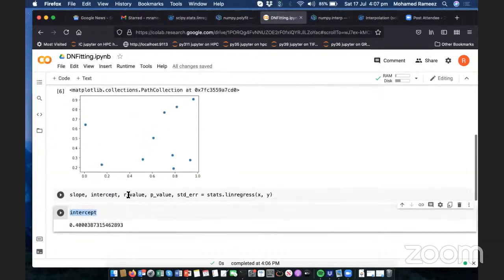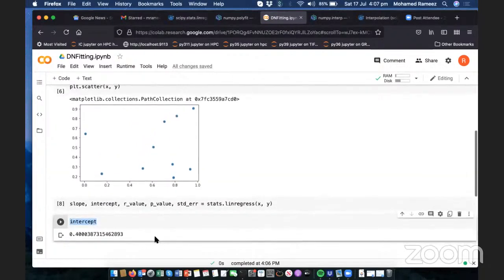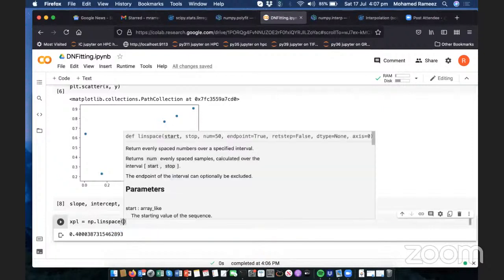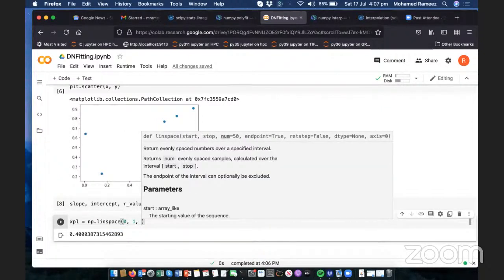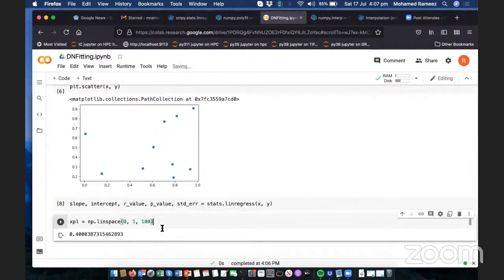Let us visualize this to allow us to judge if this is actually a good fit. And to do that, I am going to use np.linspace(0, 1, 100). What this tells NumPy is to generate an array which contains the numbers between 0 and 1 with 100 points.